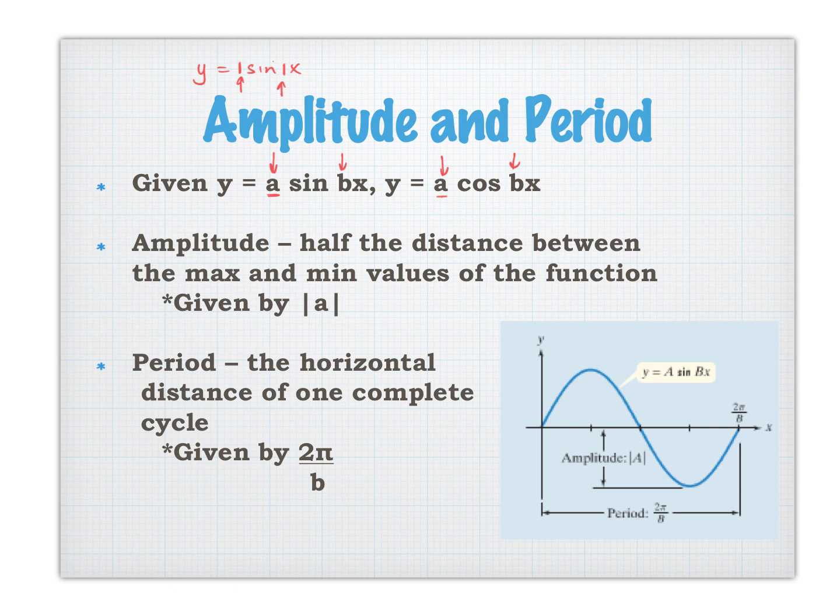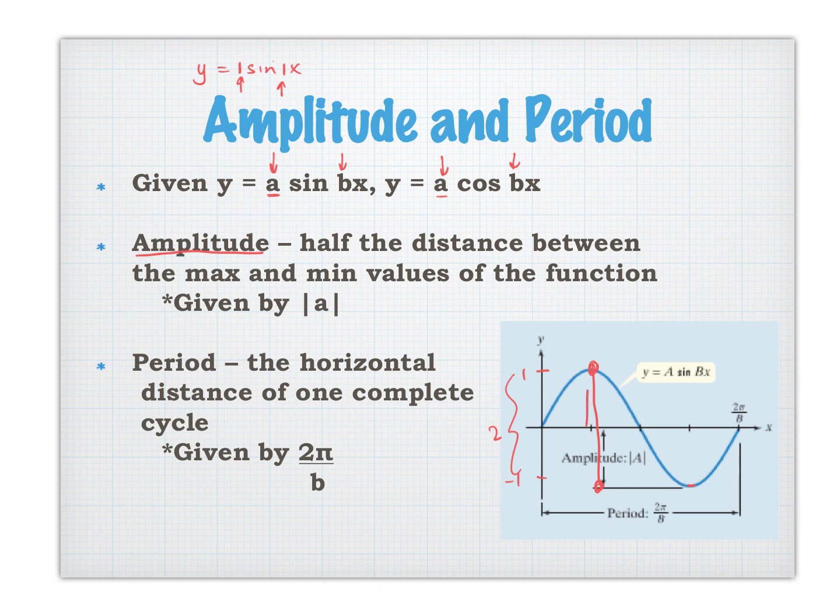The main thing of a is we use it to identify our amplitude. If I look at a basic parent graph, I know that the high is 1 and the low is -1. So the distance from the high to the low point is 2 units. The amplitude is half of that distance.